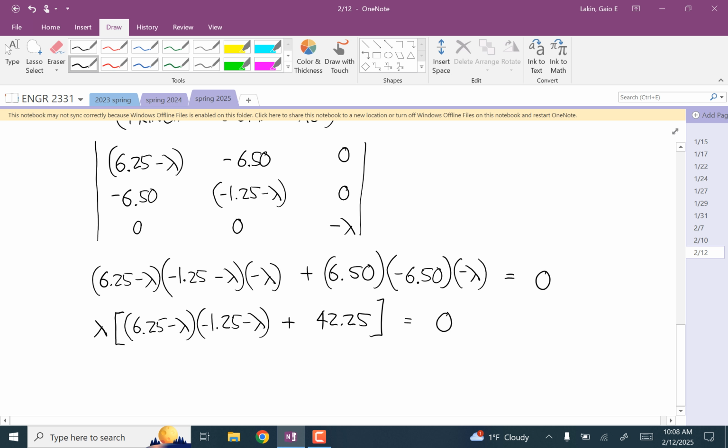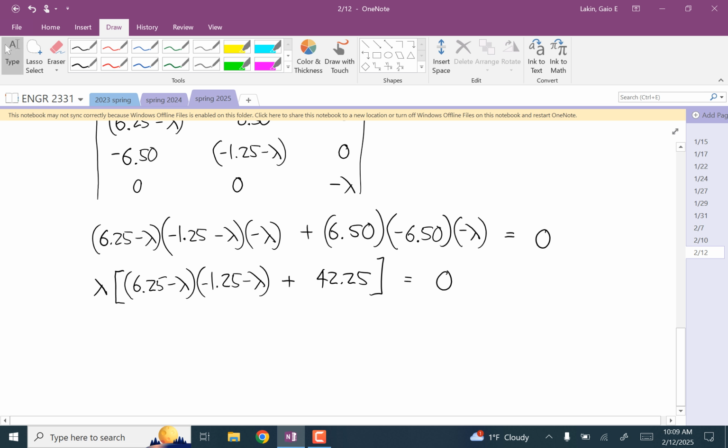So that should be negative, but either way, one of our roots is 0. Any cubic has 3 roots. One of ours is 0.